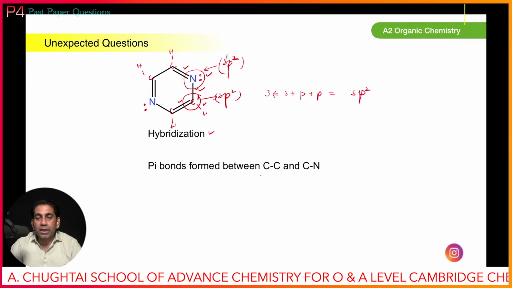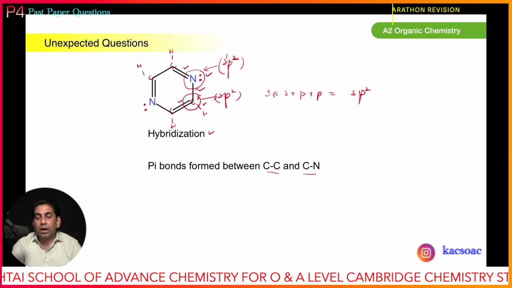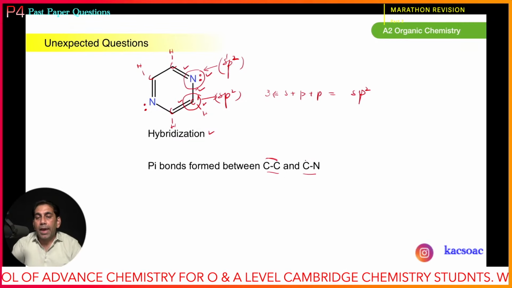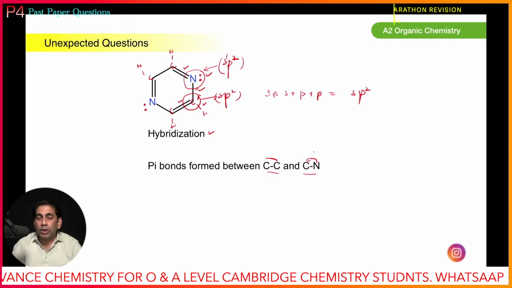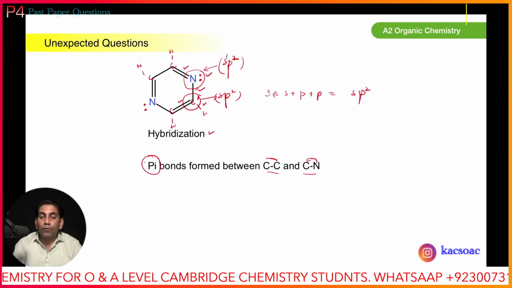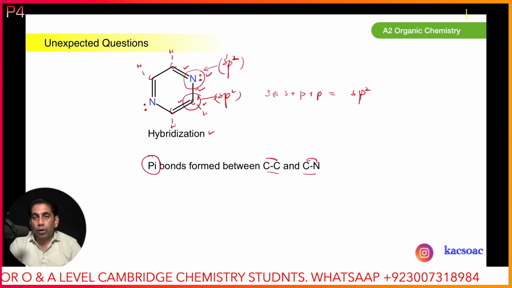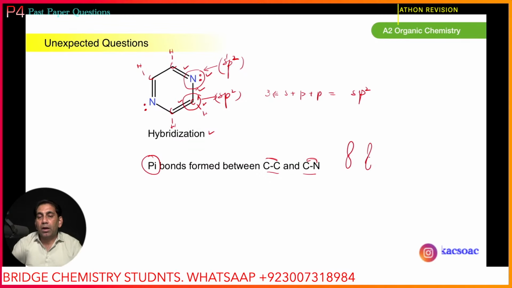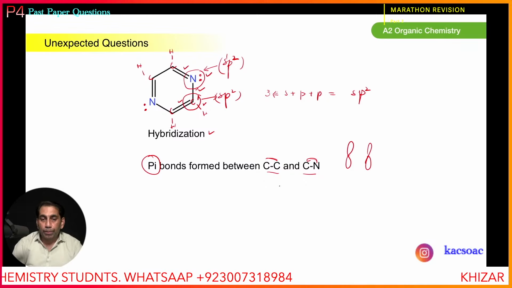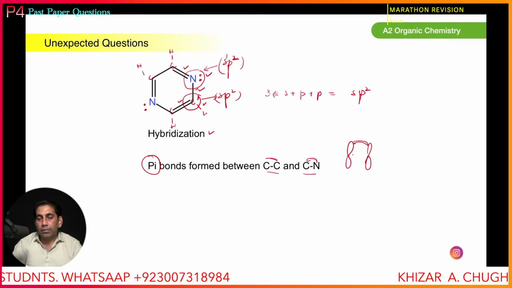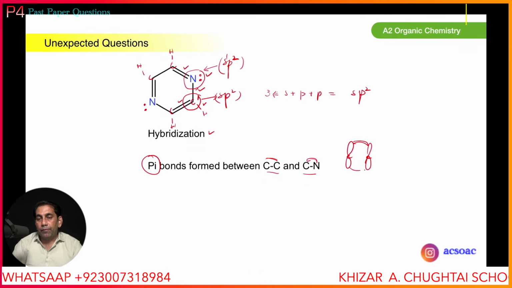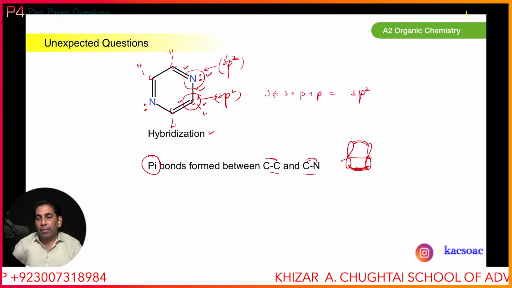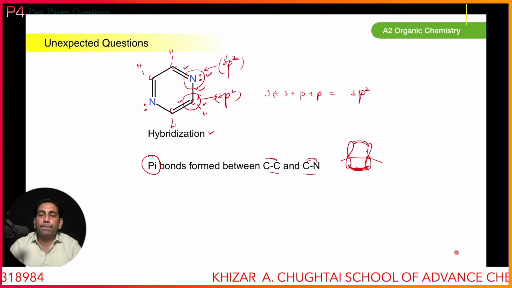Now he is asking how they are making pi bonds between carbon-carbon and between carbon-nitrogen. So you know very well that a pi bond is formed only when parallel p orbitals are available. So the p orbital of the carbon atom will overlap from above and below the plane of the ring.